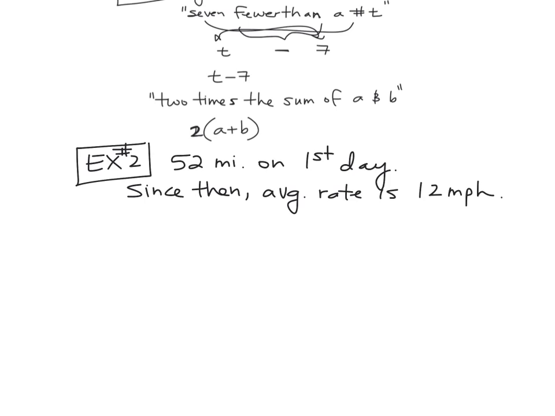I want to know the algebraic expression for your distance. So it says 52 miles on the first day, and then an average rate of 12 miles per hour. How would you write that as an expression for how far you've traveled?